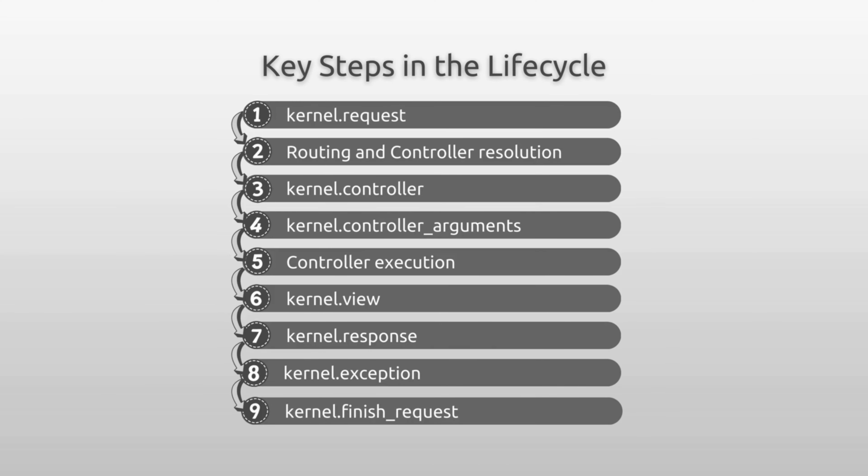Ninth, kernel finish request. This event is triggered after the request lifecycle is complete. It is useful for cleanup operations or logging. Tenth, kernel terminate. After the response is sent to the client, this event is triggered. Listeners here handle background tasks such as sending emails or processing logs.